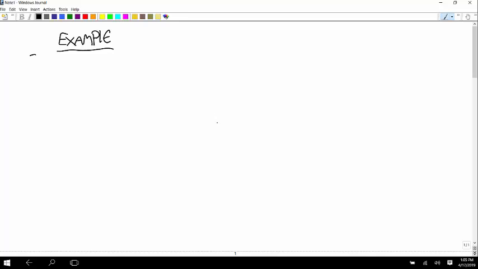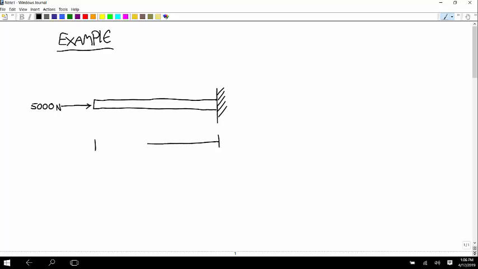Okay, so now let's say we have a beam like this. There's a 5,000 Newton force to the right on this side. The length of this beam is 1 meter.